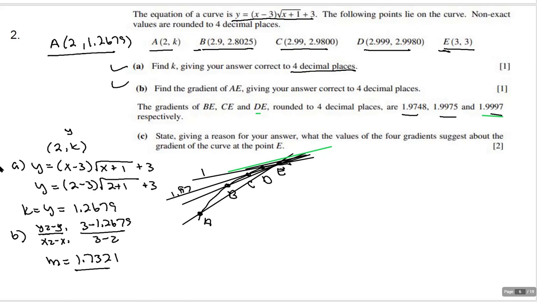It seems like the slopes are approaching 2. I would expect the slope at 3, at point E, to be 2.